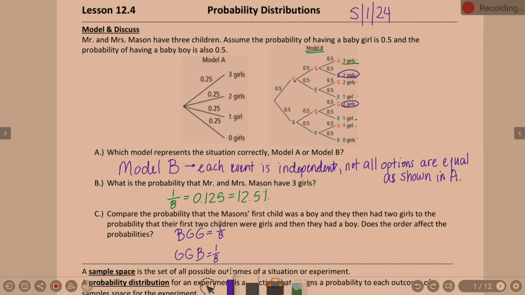Take a breath here. Now, does the order affect the probabilities? No, in both cases, it's 2 girls and a boy, yes? Does that order affect? No. Okay. And so, order is not going to make a difference. Each probability is still 1/8.